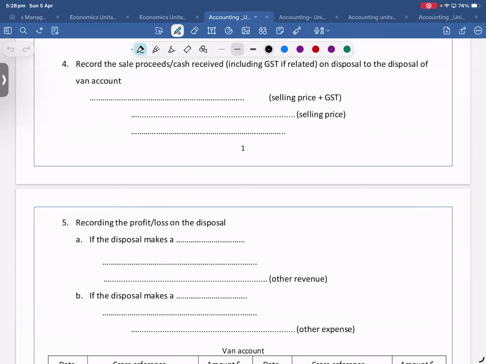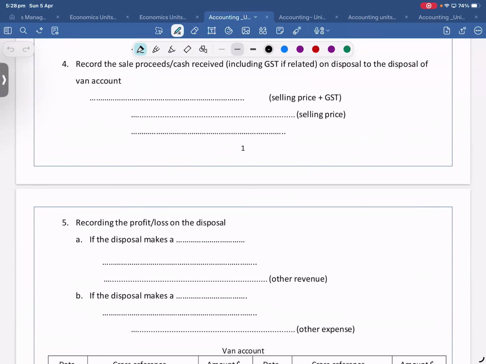Why do we depreciate before we sell it? Yes, we need to make sure that we have calculated the exact amount of depreciation expense so that we can calculate the accurate profit for that period. Also, we are going to calculate a profit or loss on the disposal. That's why we are doing it.